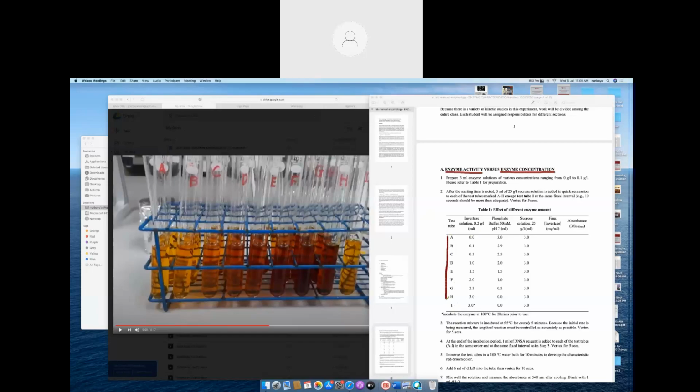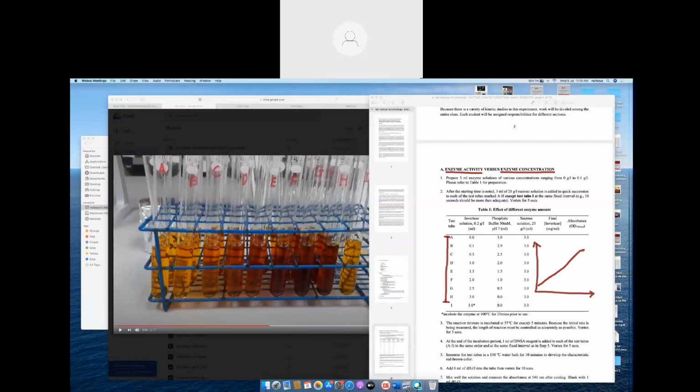A until H, we can see the pattern is increasing. No, not the standard, I mean the activity. So we can see from the graph, once you plot the activity, we have this kind of increment. And then when we reach a little bit at the top, it slows.